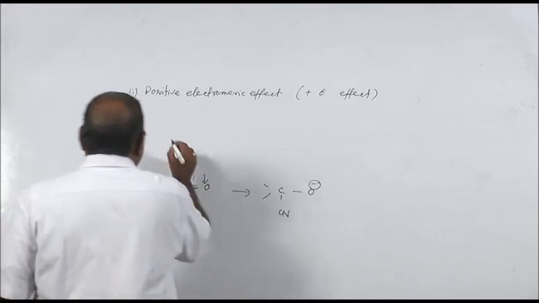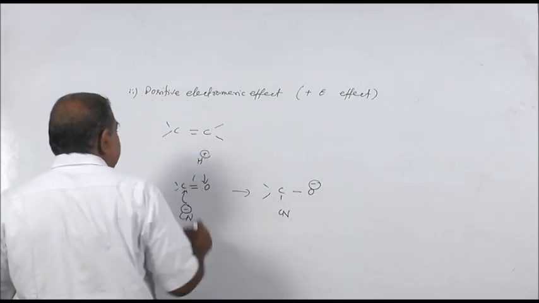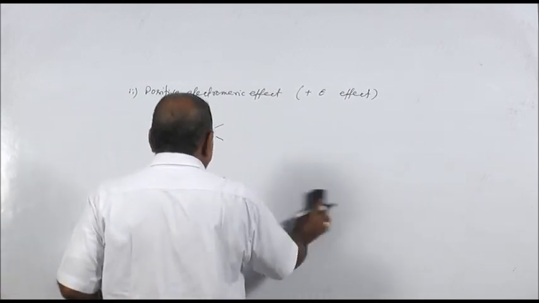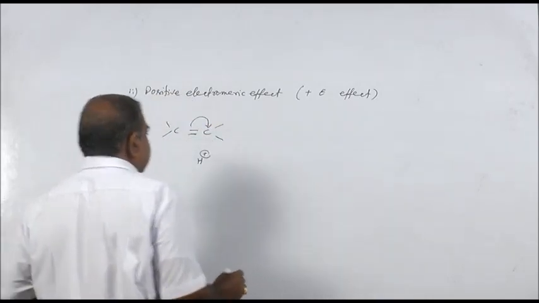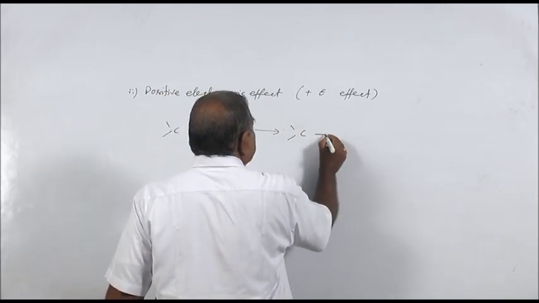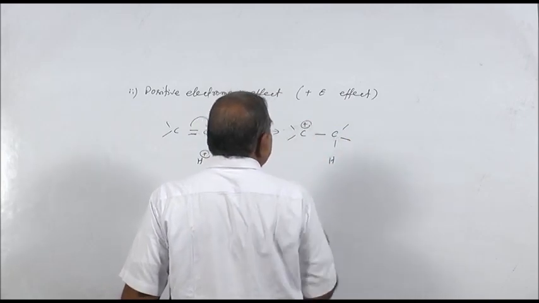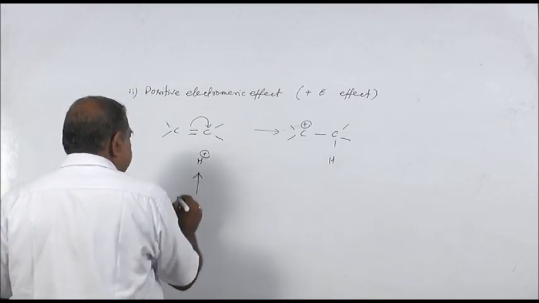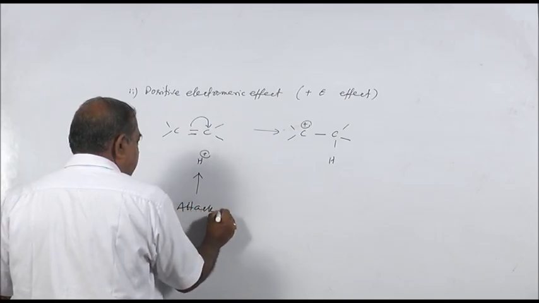Here, say if we take C double bond C, if it is attacked by, say, H plus addition, what happens? The electron in the pi bond is shifted towards it. H plus is the attacking reagent.